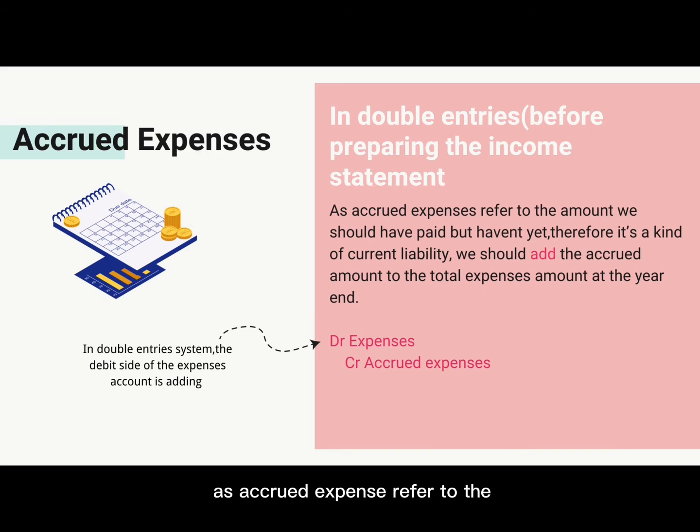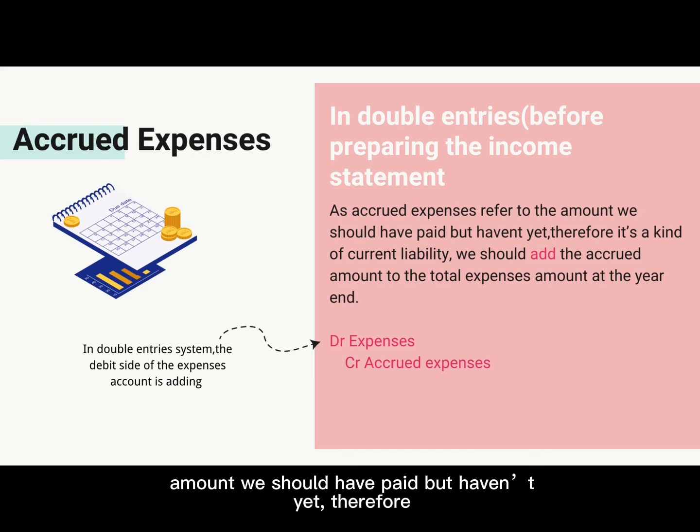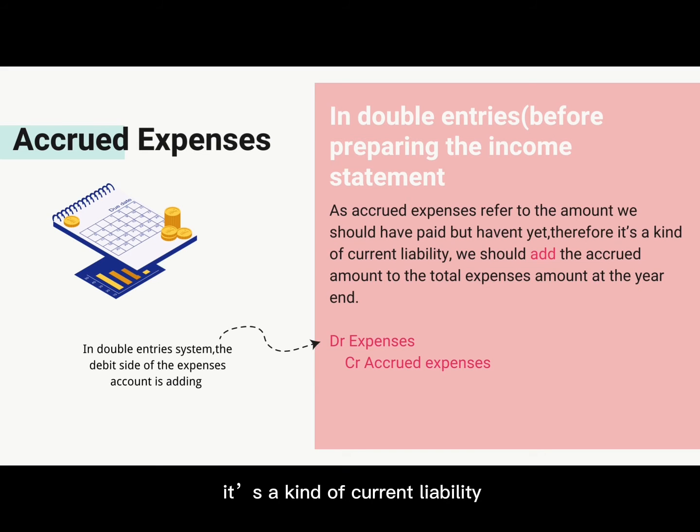In general, an accrued expense refers to the amount which you have used but haven't yet paid. Therefore, it is a kind of current liability. We should add the accrued amount to the total expense amount at the year end. Therefore, we should debit the expense account and credit the accrued expense account.